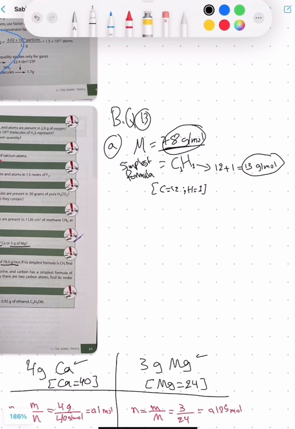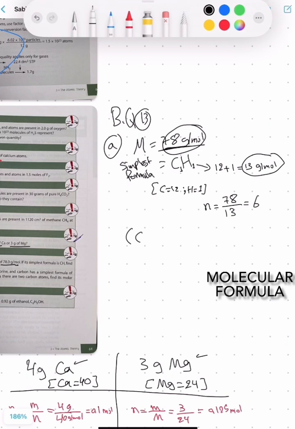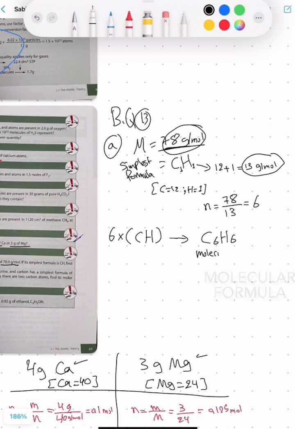You just divide them, and you will get the ratio. So n is equal to 78 over 13, which is equal to 6. Now you have the ratio. Take the simplest formula, which is CH, and multiply everything by this number, which is 6. So you will get C6H6. This is its molecular formula.